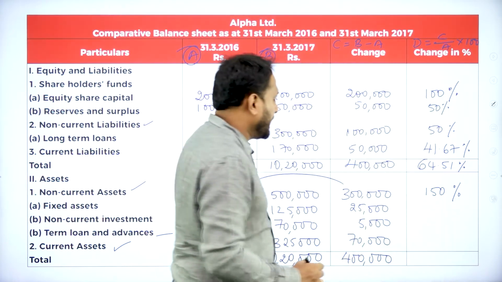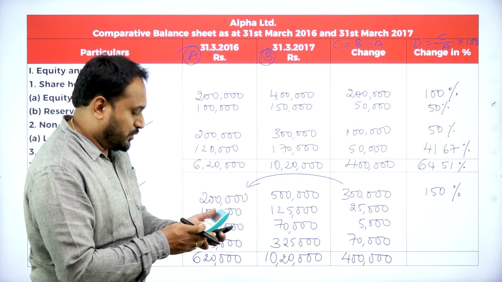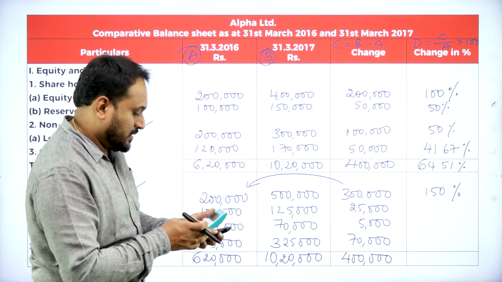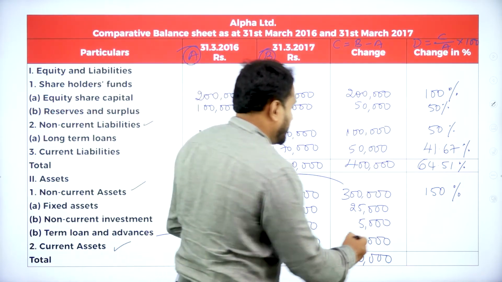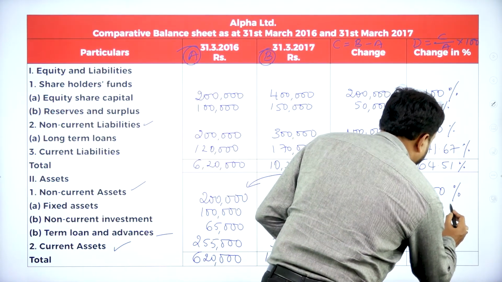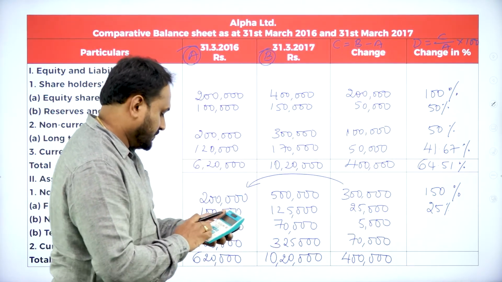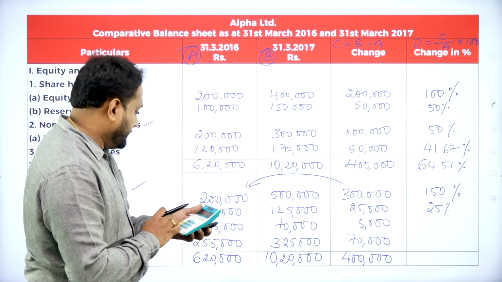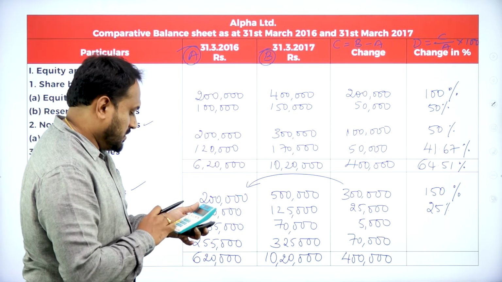150%. Next is the same way. 25,000 divided by 1 lakh into 100. So it is 25% here. Next is 5,000 divided by 6,500 into 100.